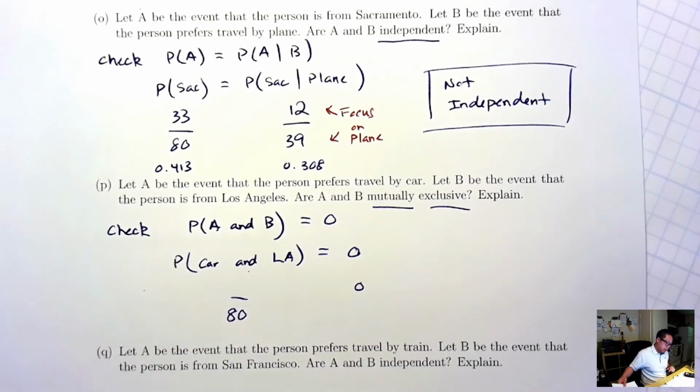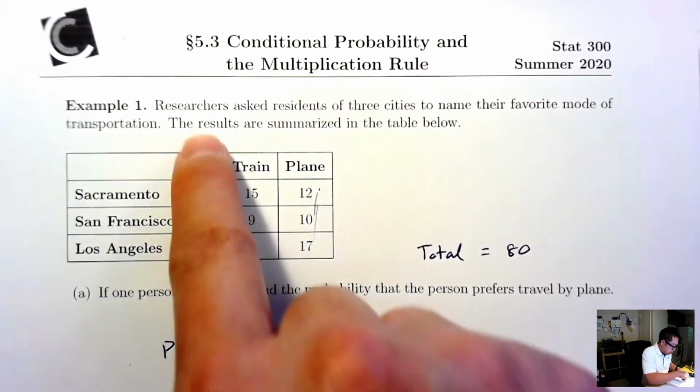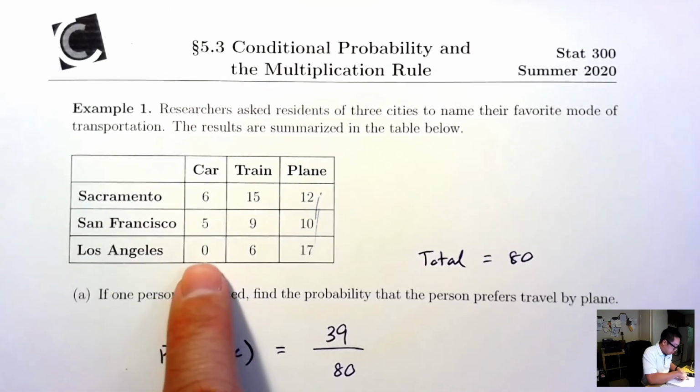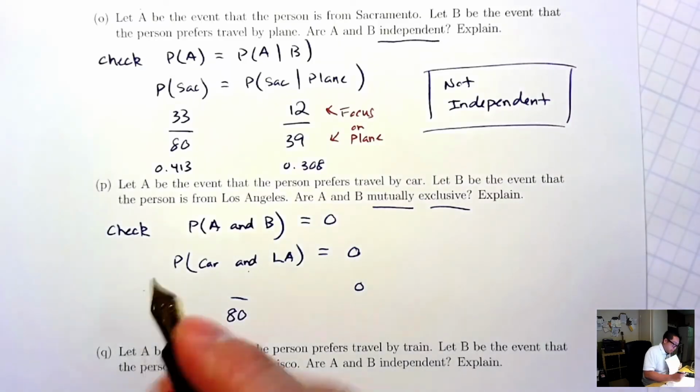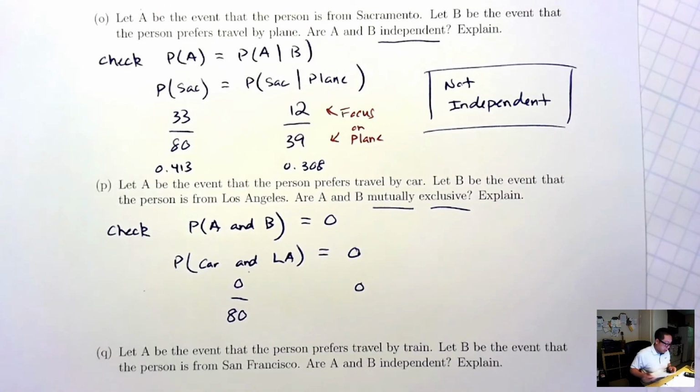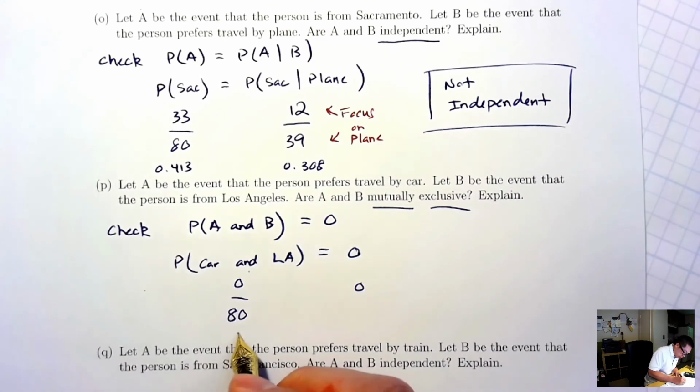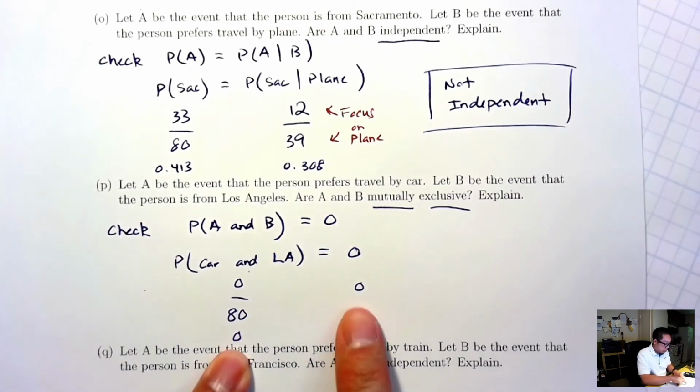Okay, the top, car in LA. So how many people like car and are at the same time from LA? So car LA would be 0. All right, 0 over 80 is 0. Okay, left side 0, right side 0.